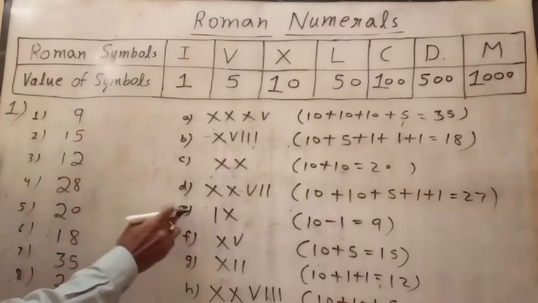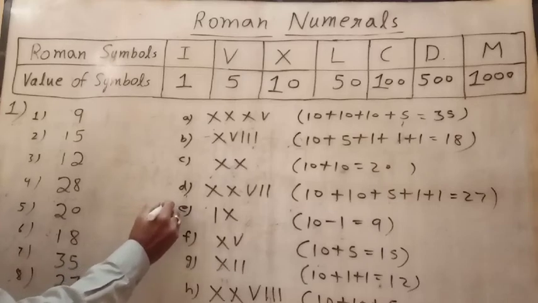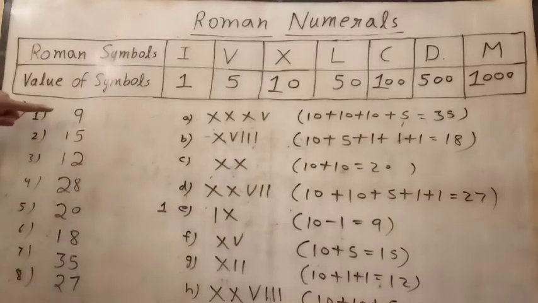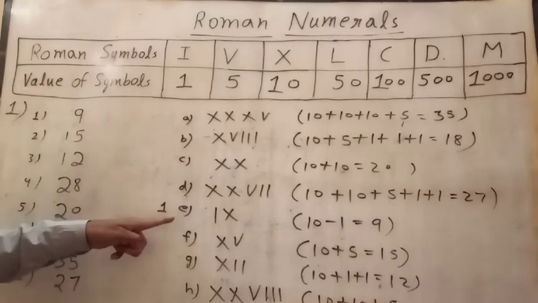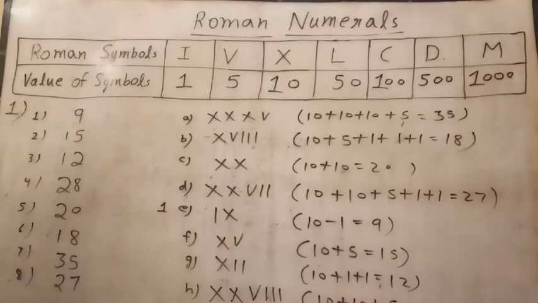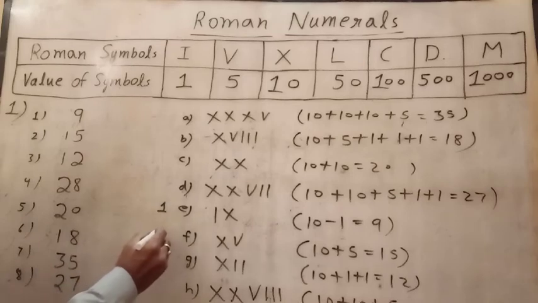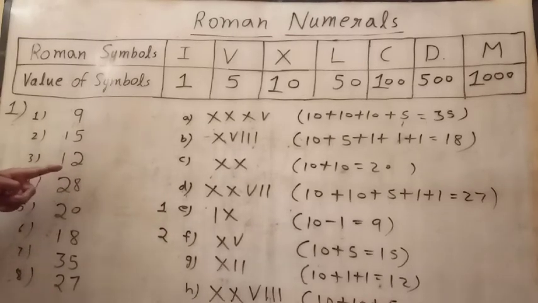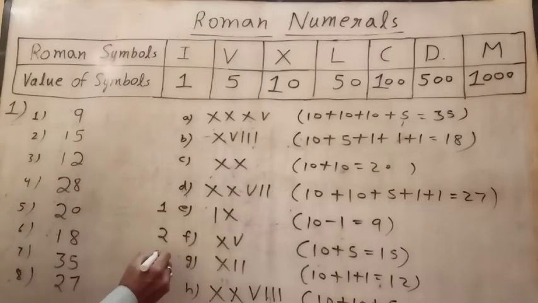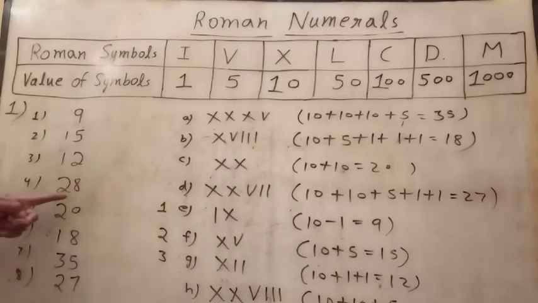9. See? First one is 9. So 1E. Clear? Next 15: 2F. Clear? 12: 3G. 28: 4H.